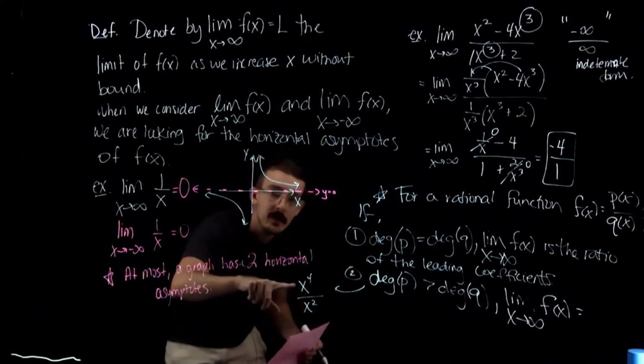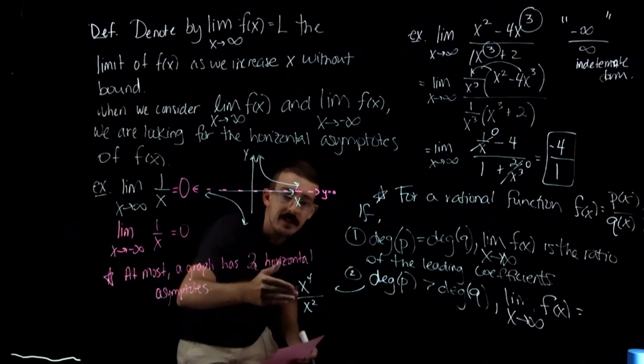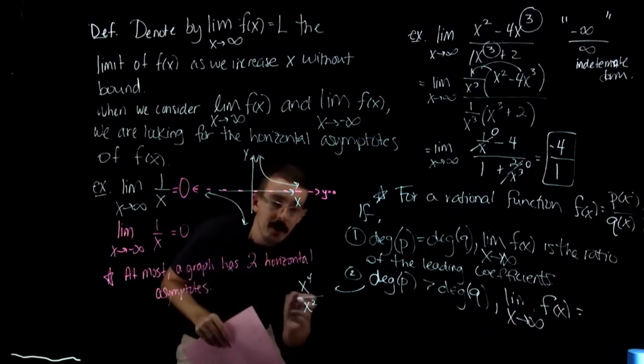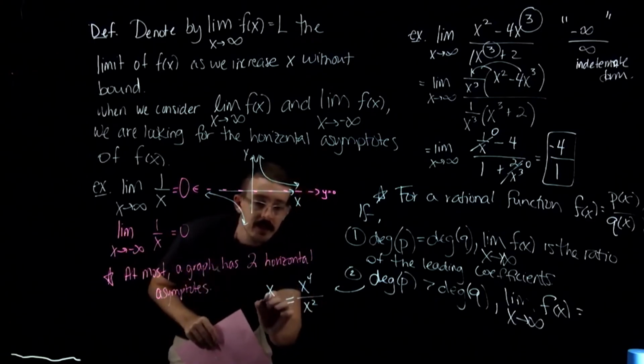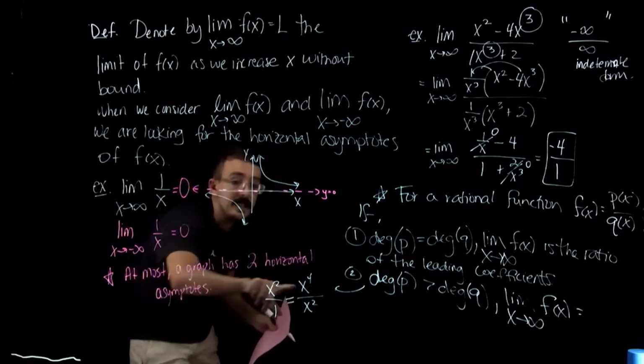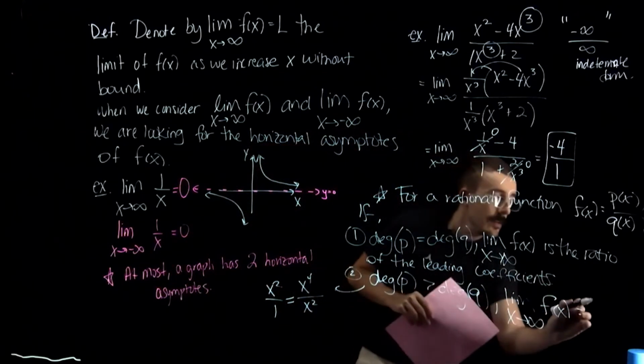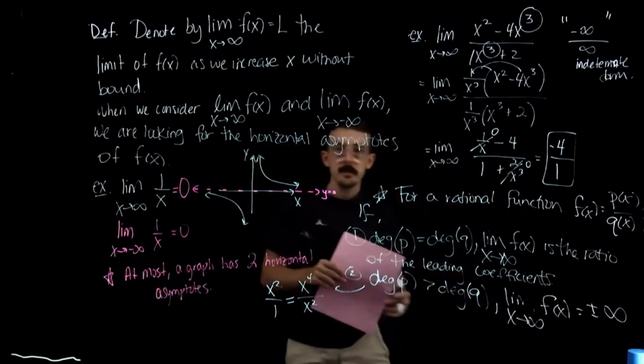This one would grow much faster than this. What happens if you take a very large number and divide it by a constant? Remember, this is equal to x squared over 1. This will go to infinity. And I suppose if I put a negative sign in front of it, it could also go to negative infinity. So this will go to plus or minus infinity.